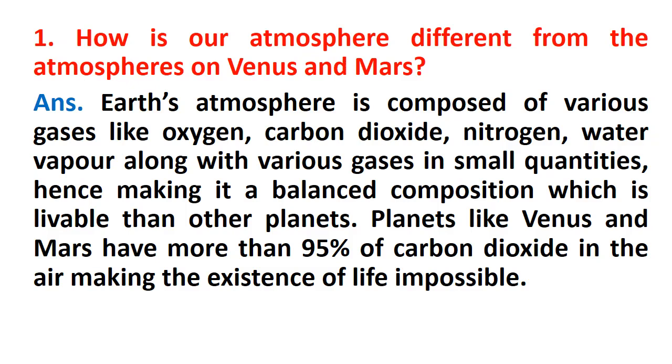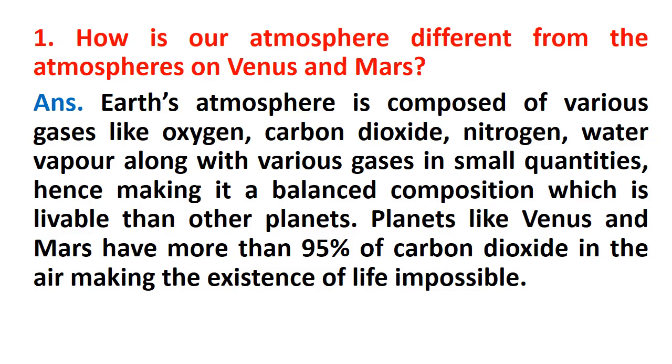Answer. Earth's atmosphere is composed of various gases like oxygen, carbon dioxide, nitrogen, water vapor, along with various gases in small quantities. Hence, making it a balanced composition which is livable than other planets.